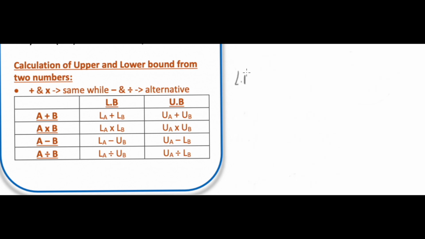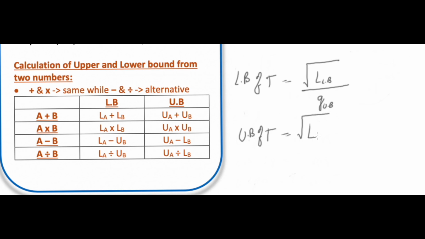And now the lower bound of the time period would be the lower bound of length divided by the upper bound of gravity, while the upper bound of the time period would be the upper bound of length divided by the lower bound of gravity.